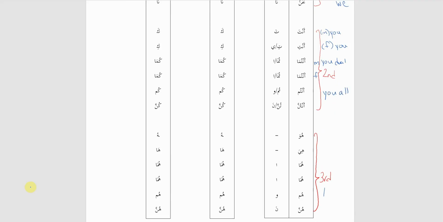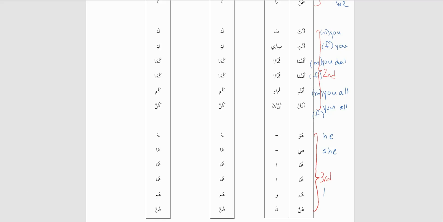And antunna is you. So this first one, antum, you all, is masculine. And the second one, antunna, is you all, feminine. Okay, and then we have third person. Huwa is he. Hiya is she. Huma is those two things.